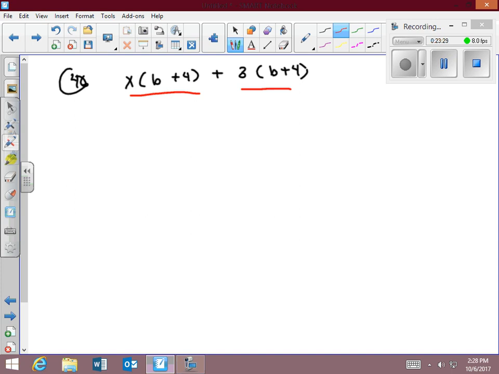Now, in those two terms that I underlined, what's common? B plus 4. So what you would do is you take b plus 4 out, and then what you will have left, in the first term that I underlined, you will have a what? X. In the second term that I underlined, you will have a 3.